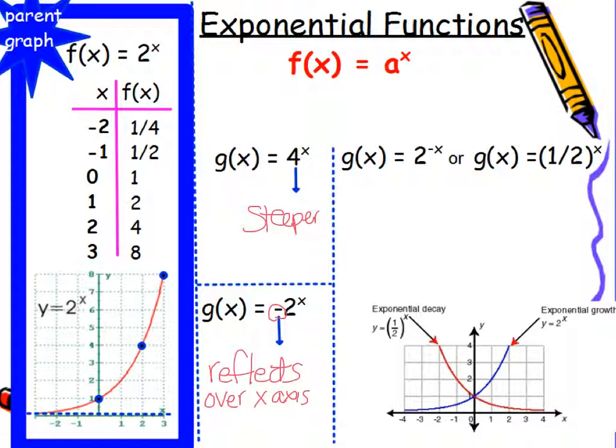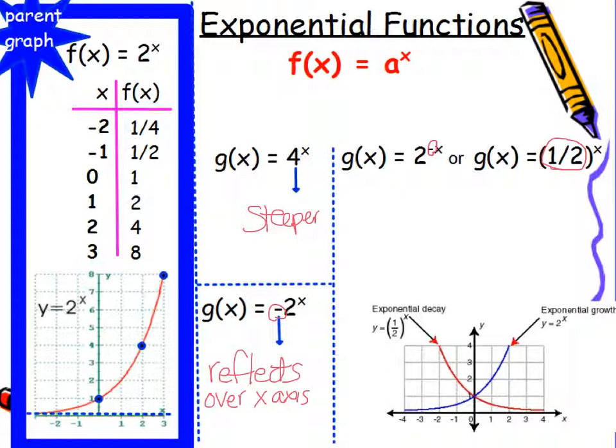And then the weird one, which is on the back page of that, is when you have a negative exponent. If this is a negative exponent right here, that's actually the same thing as taking that 2 and bumping it to the denominator and calling it a 1/2 to the x power.